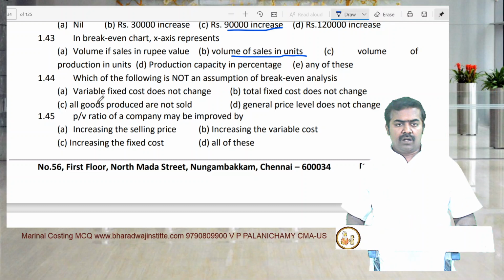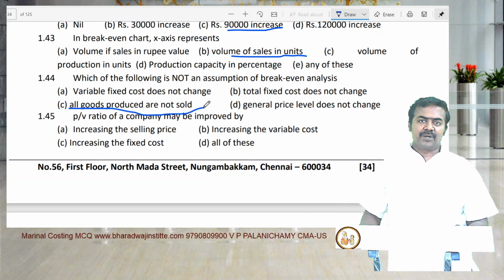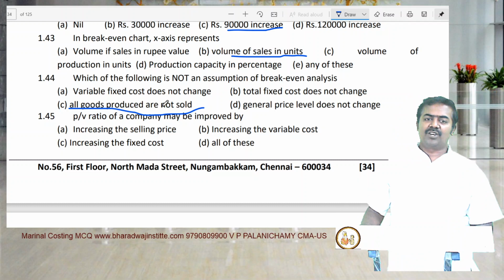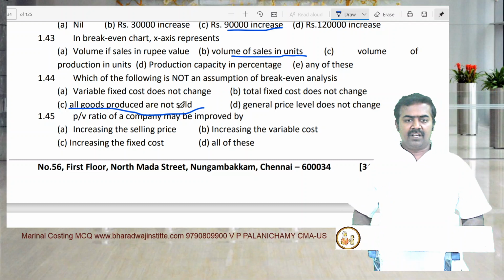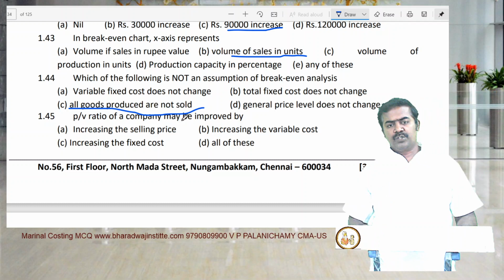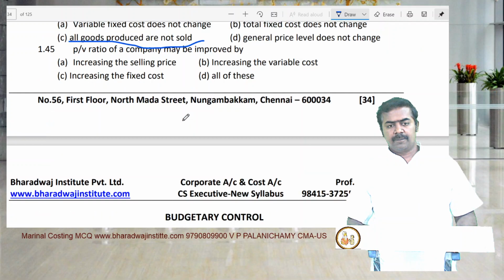All goods produced are sold is the assumption. It is given as goods are not sold, so that is the mistake here. So C is not the assumption.